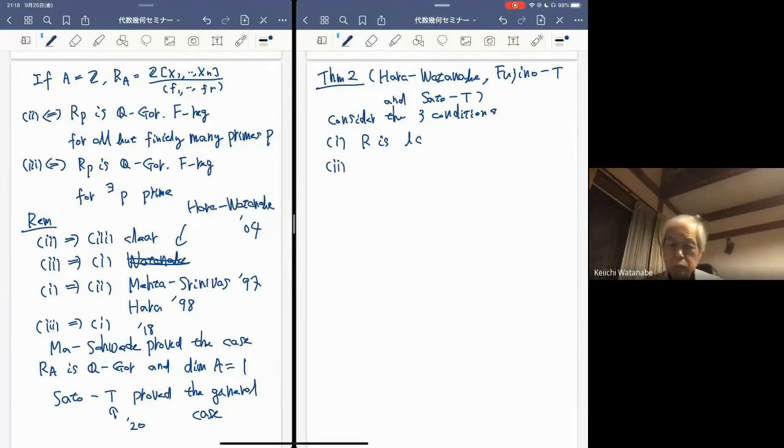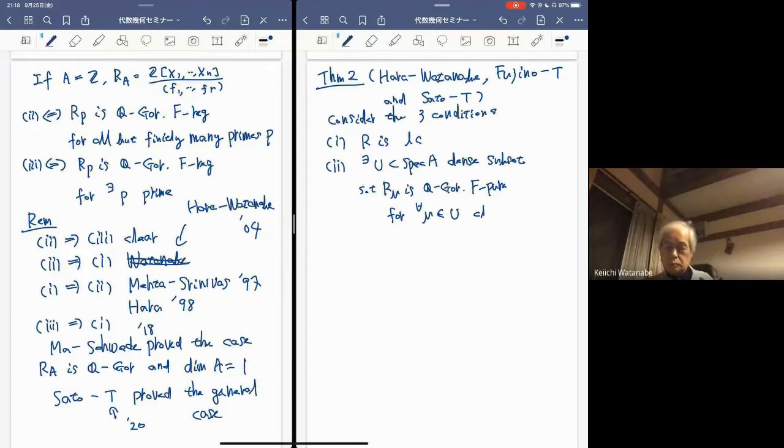The second one is there exists U, but now this is not open, this is just a dense subset, such that R_mu is Q-Gorenstein F-pure for any mu in U. The mu is a closed point.